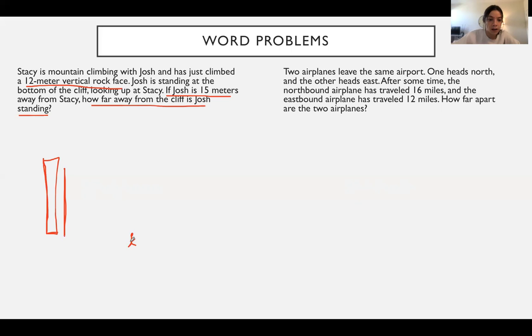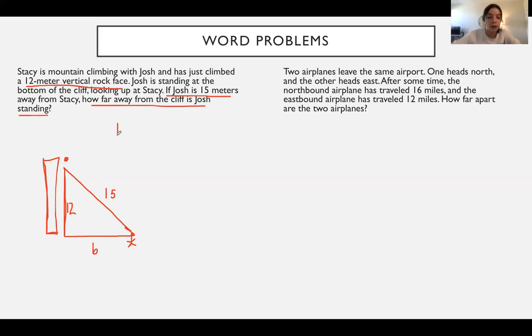He is looking up at Stacy, and he is 15 meters away from her, which means that is our hypotenuse. The question is asking how far away from the cliff Josh is standing. So we are solving for b.